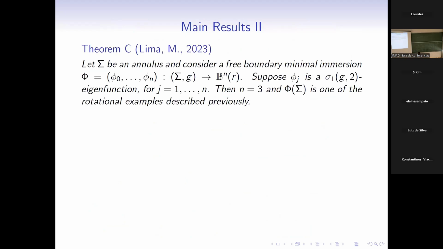Okay, so here we prove that if you are with an annulus and you assume that you can put in a metric here that you can immerse in a spherical cap as free boundary and minimal, and you assume it's by first eigenfunctions, so you're assuming here that from 1 to n you do have sigma 1 eigenfunctions, then you can prove that the dimension has to be 3, okay? And this metric is the one that comes from the rotational annulus that we just saw.